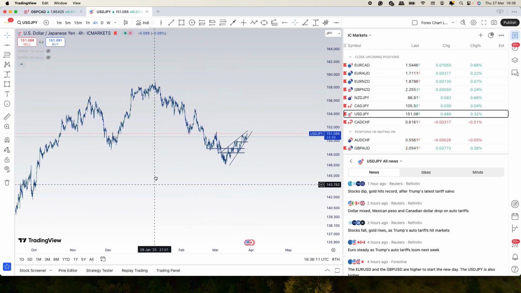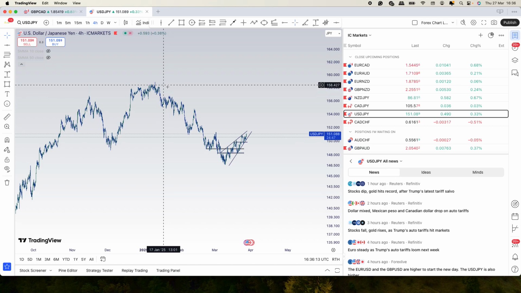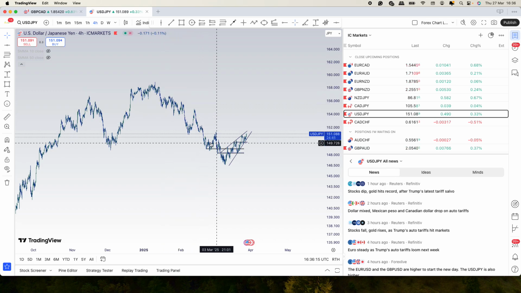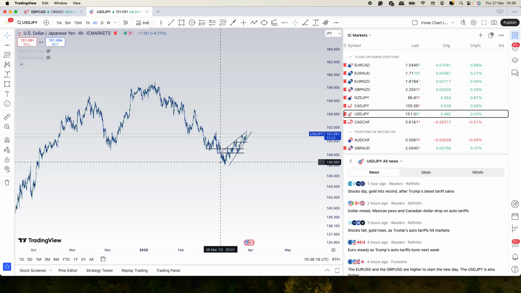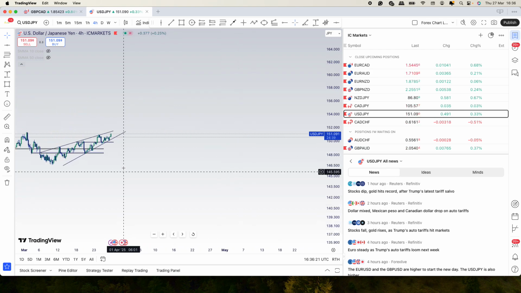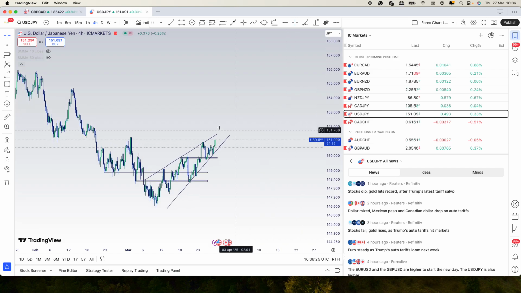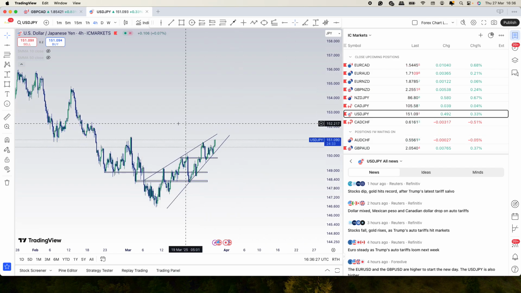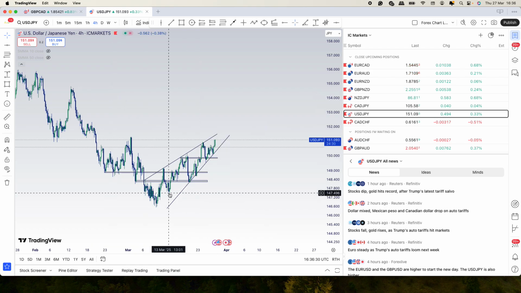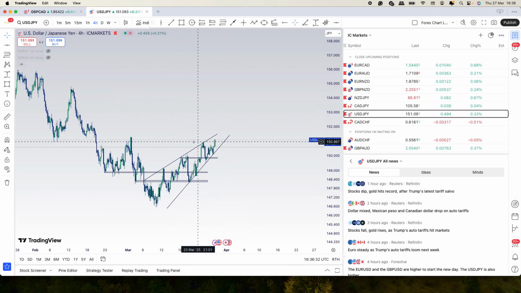We had big moves to the downside, and now we're just getting this corrective behavior where price is moving to the upside, and like today it's moving quite aggressively, but it's very corrective behavior.